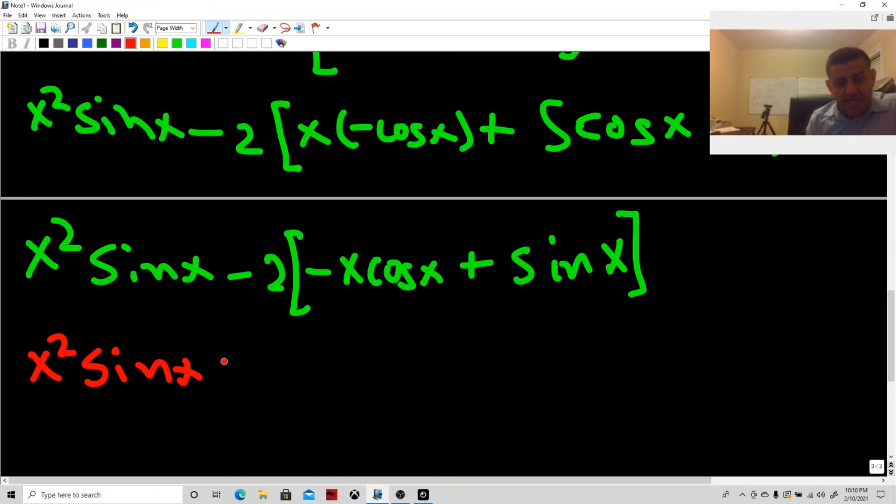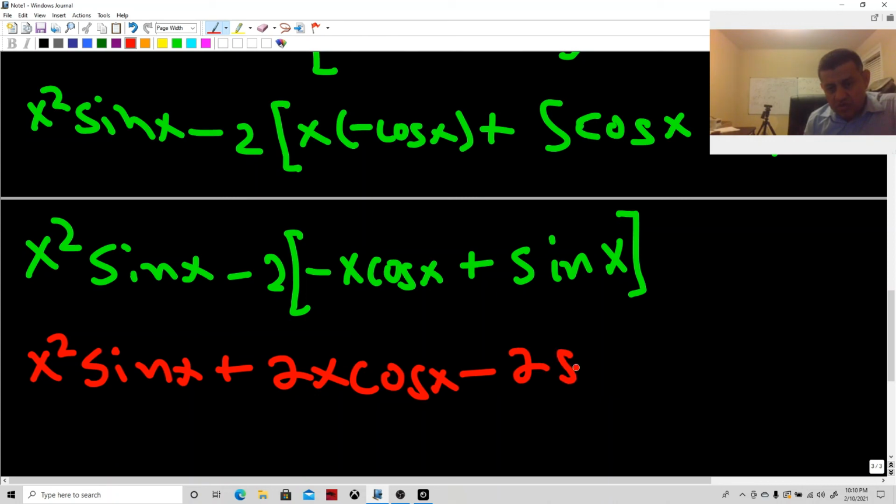Multiply that 2 inside, and I get, no, I'm sorry, I get plus 2x cosine x minus 2 sine x, and because it's an indefinite integral, we just add a plus c, right? And that is the answer.